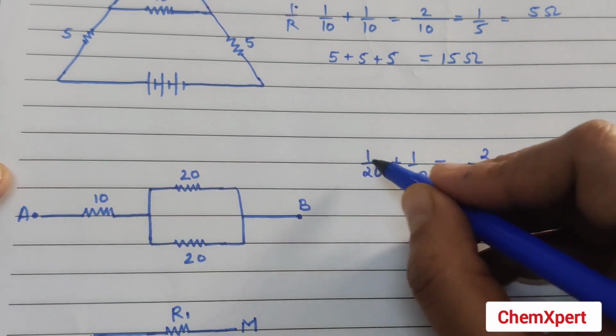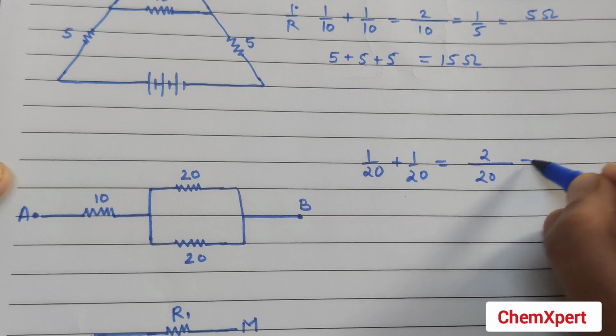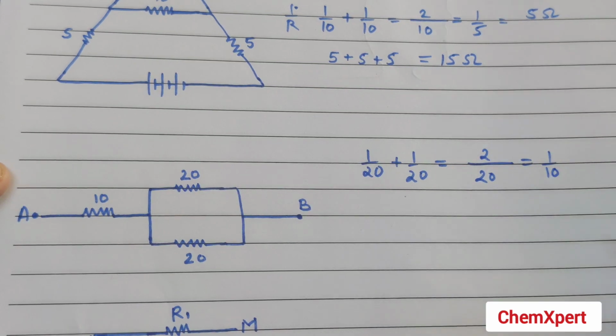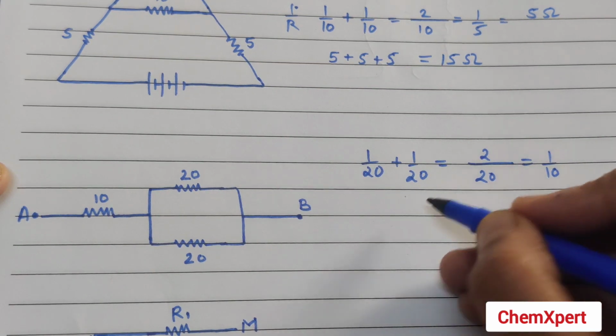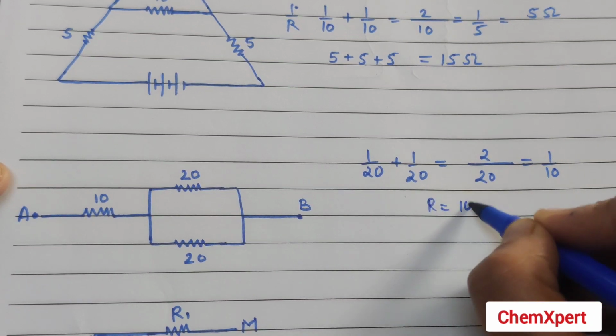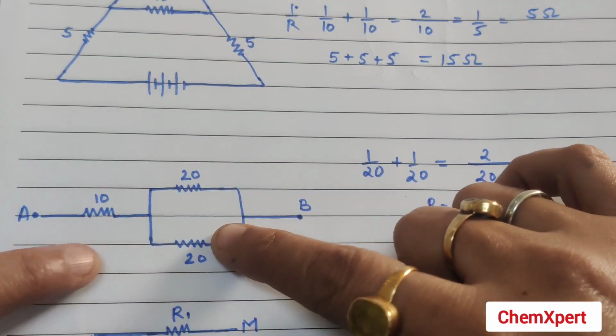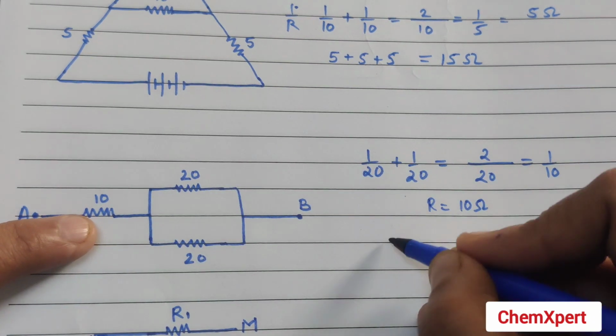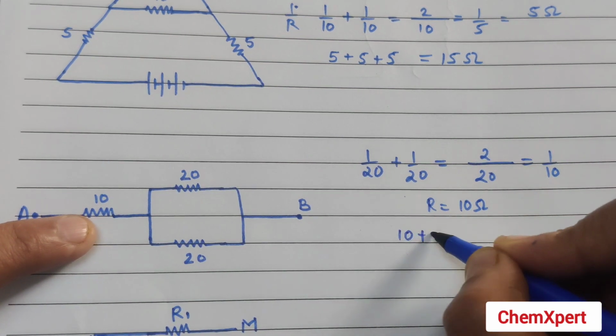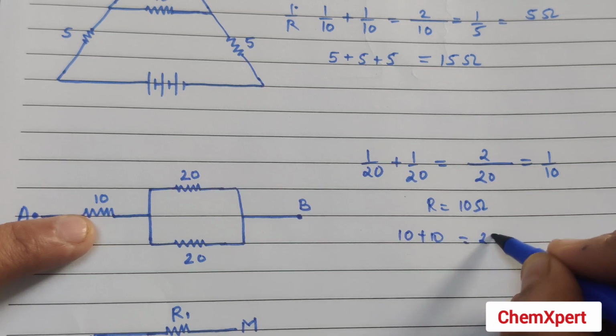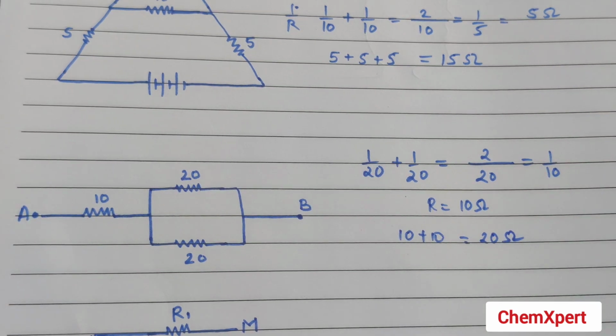It will be 2 by 20, 1 plus 1 is 2. So the answer comes out to be 1 by 10. Now again the resistance will become 10 ohm. The equivalent resistance for this part will be 10 ohm, which is in series with this 10. So between A and B, the net resistance will become 20 ohm.